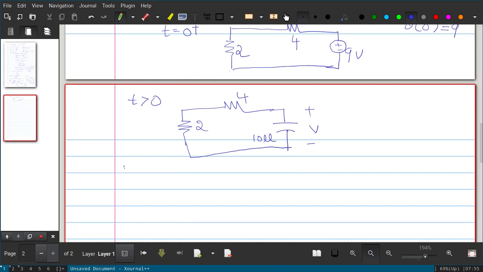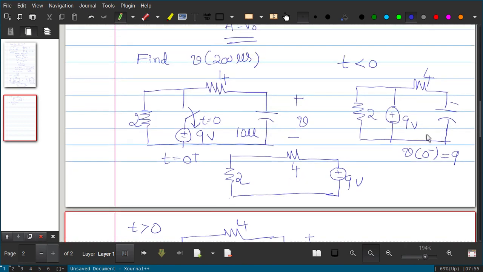Step 1 is to find the initial value, V of 0 minus. For that, the switch should be closed. Calculate the voltage across the capacitor, that is V of 0 minus is 9, and then you open the switch.